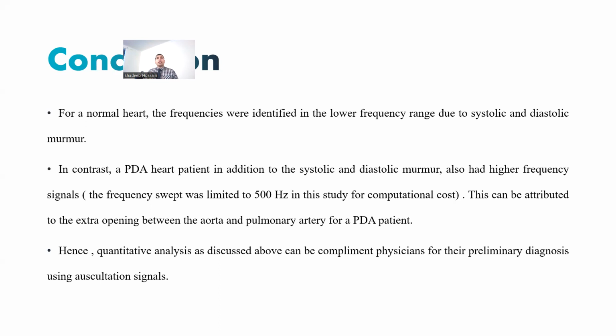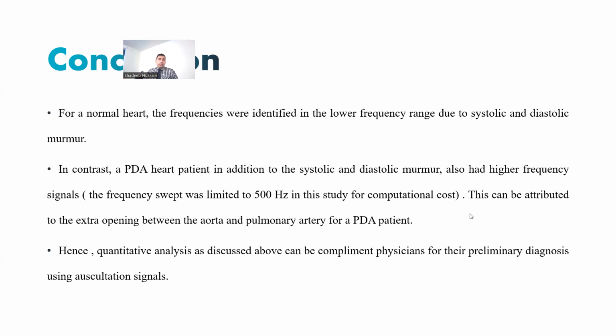And we try to see if there is any difference in the spectrogram generated from a normal patient and that from a PDA patient. We saw in the previous spectrograms that there is clearly a distinction observed. However, we need to do more studies to see that this is actually repeatable.